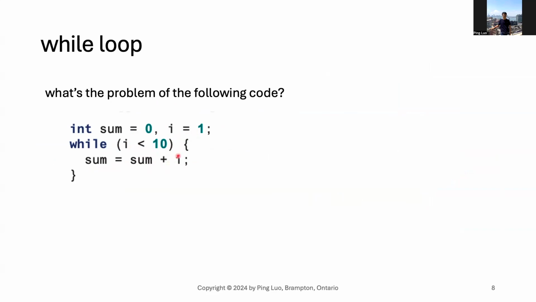So i is always equal to 1. This condition is always true, and the program will run continuously forever and never stop. So in a loop, we have to make sure the loop can stop at a certain condition. It cannot just do it forever.